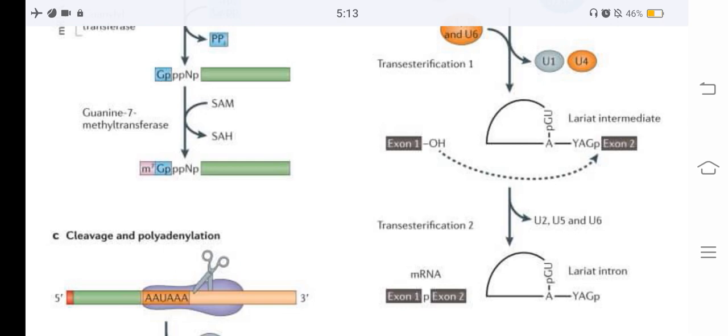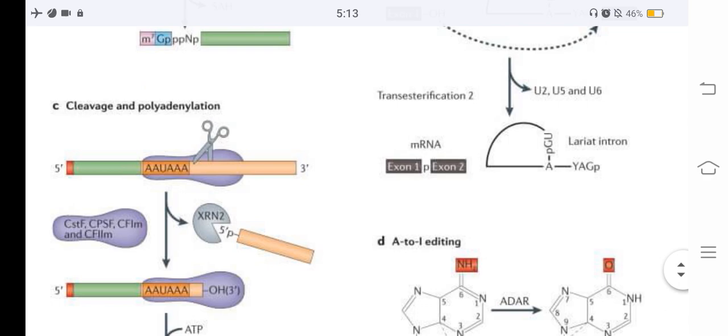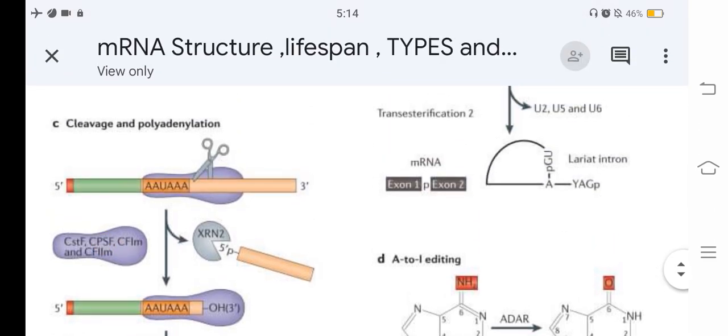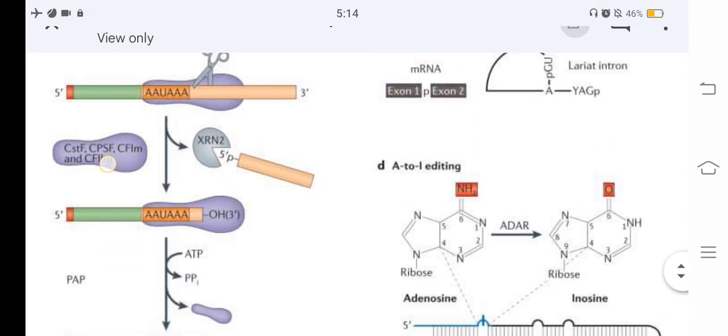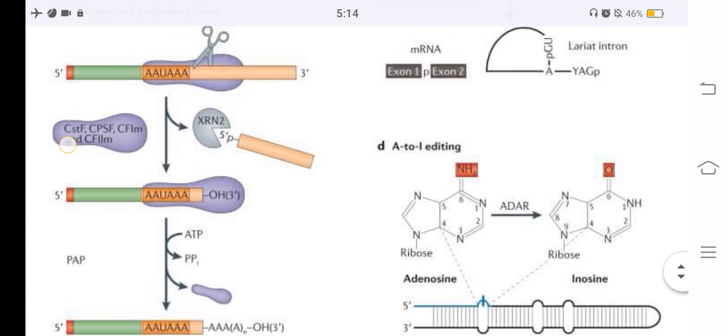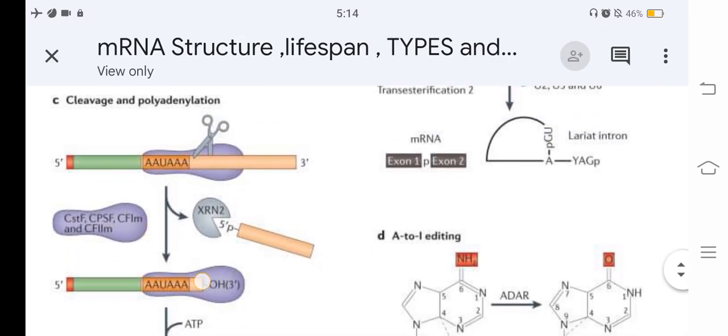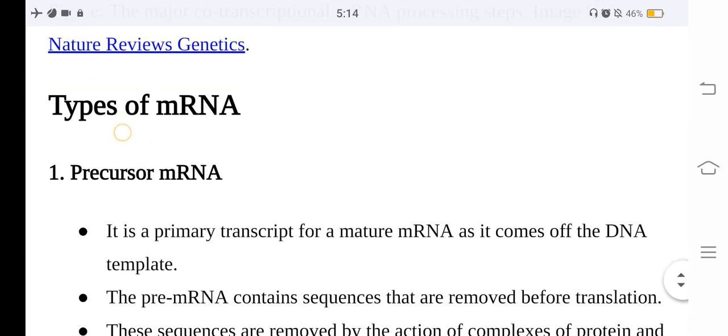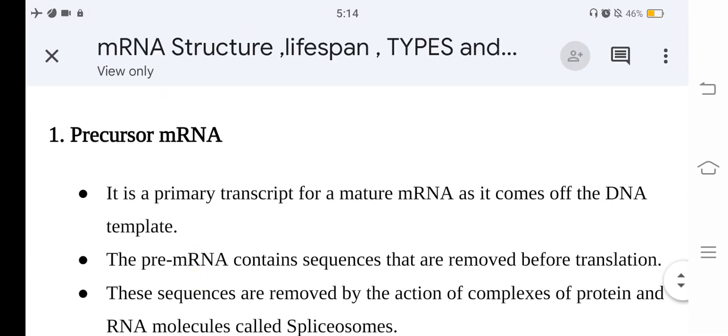Then cleavage and polyadenylation. Cleavage happens first, and after that, polyadenylation, where the poly-A tail is added. In which region? The 3' region. Then A-to-I editing, where adenosine is converted to inosine.